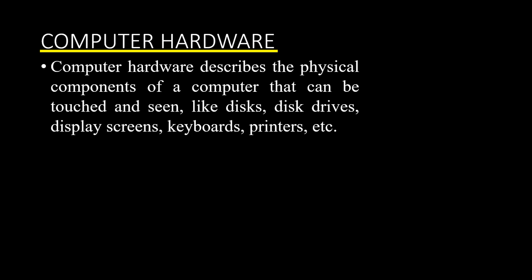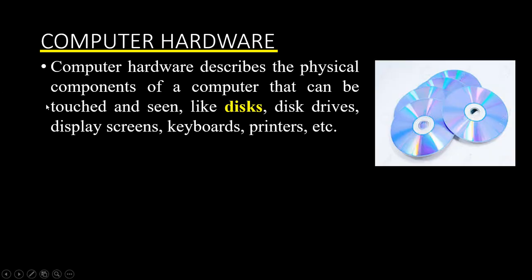There are some components which are in software form. We can never see them. That's why we insist on hardware as physical parts which we can touch and see. There are other forms of instructions which work together with the hardware, which we can't see with our naked eyes.